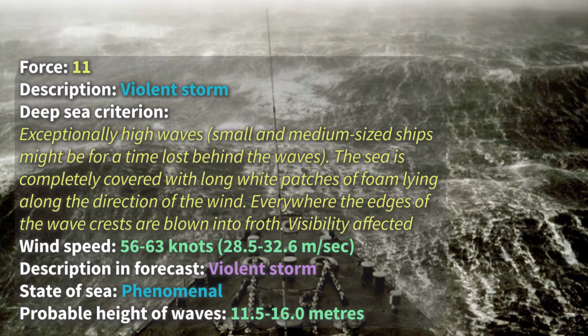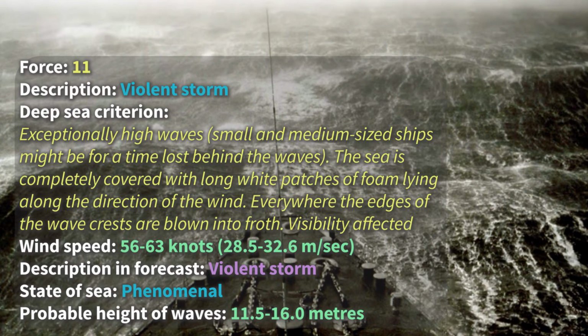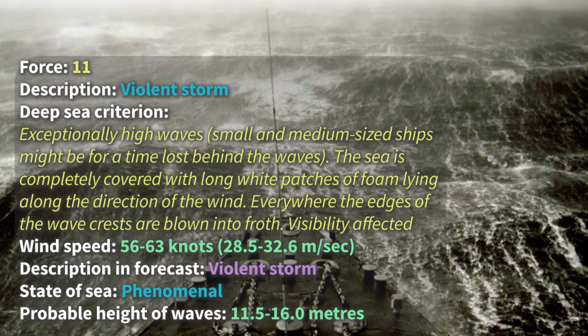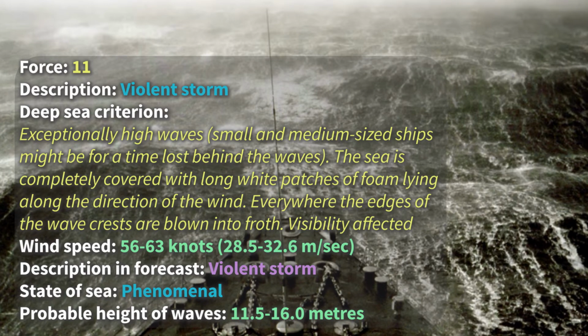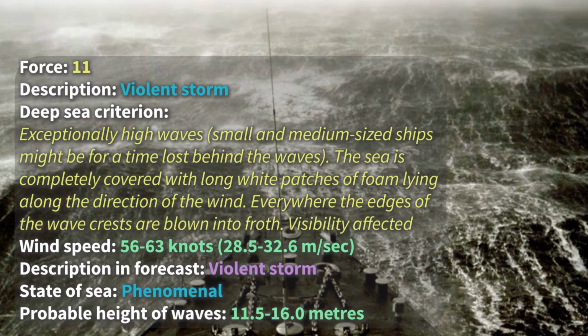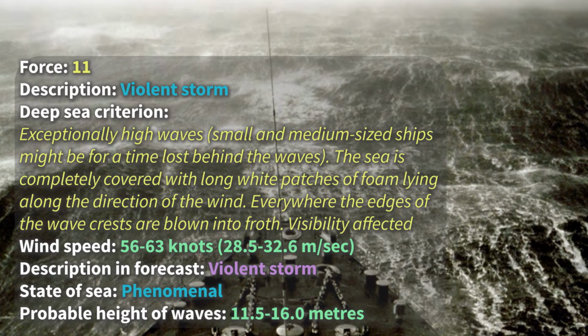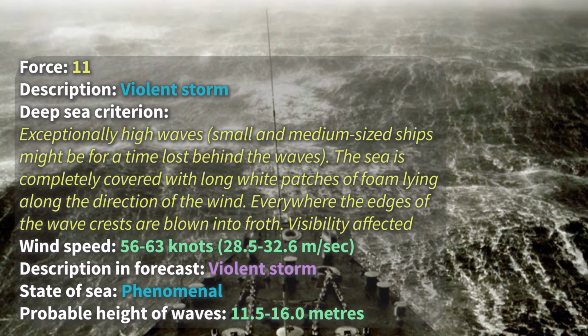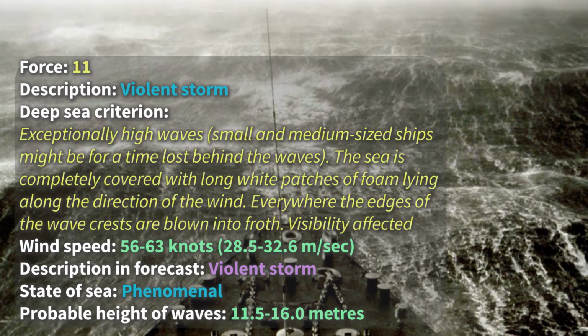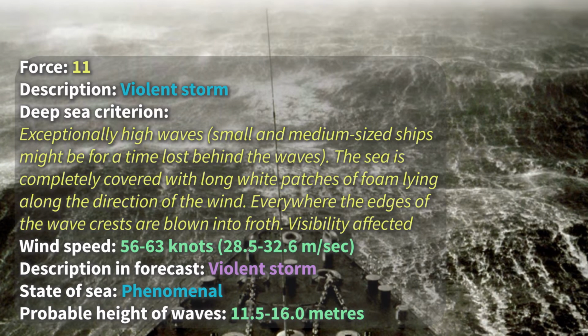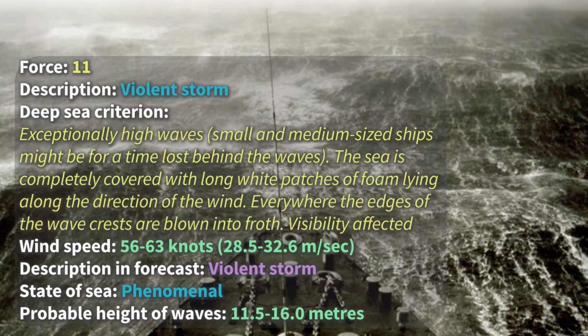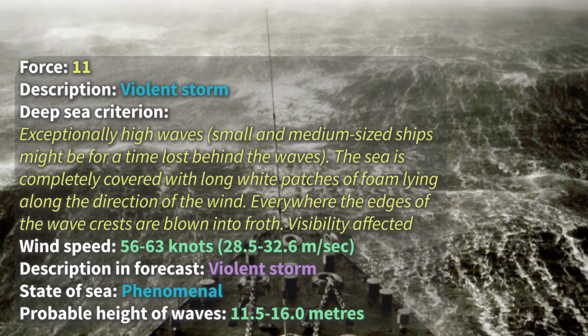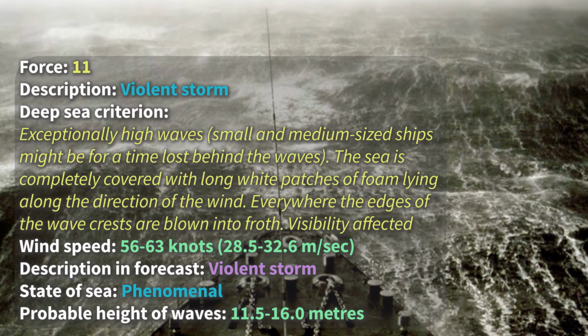Force 11. Description: violent storm. Deep sea criterion: exceptionally high waves. Small and medium-sized ships might be for a time lost behind the waves. The sea is completely covered with long white patches of foam lying along the direction of the wind. Everywhere the edges of the wave crests are blown into froth.